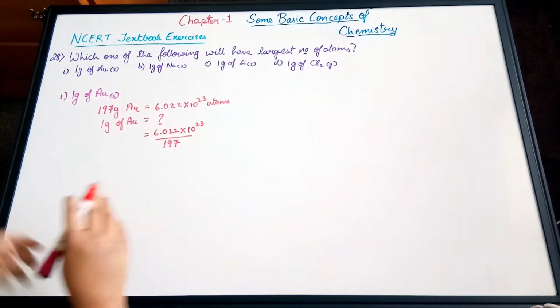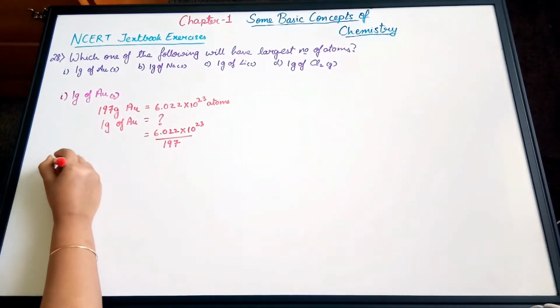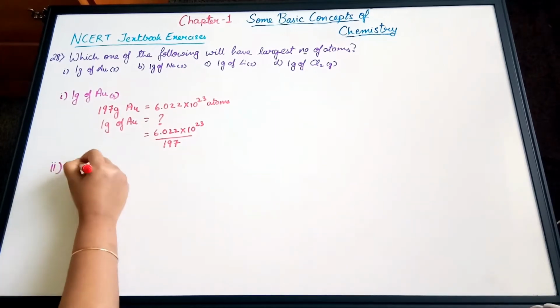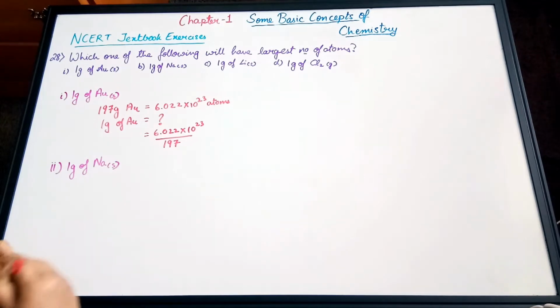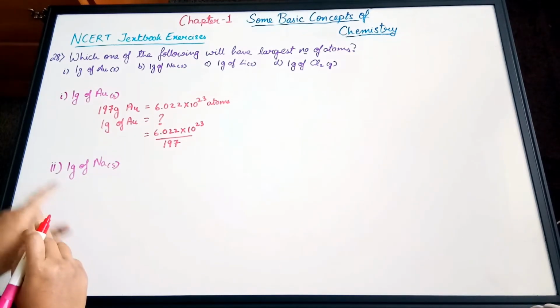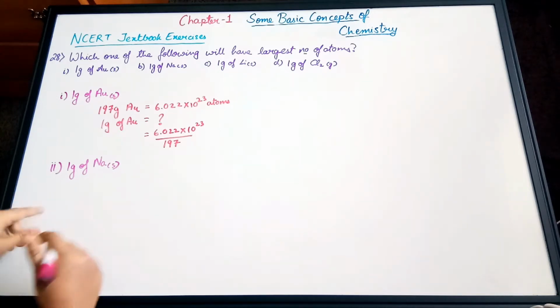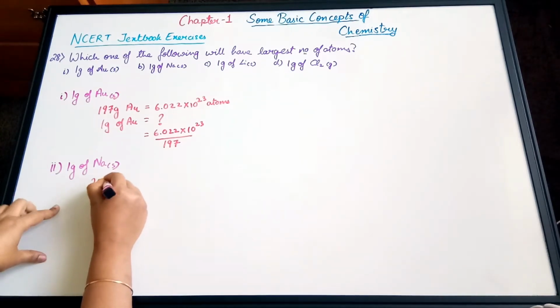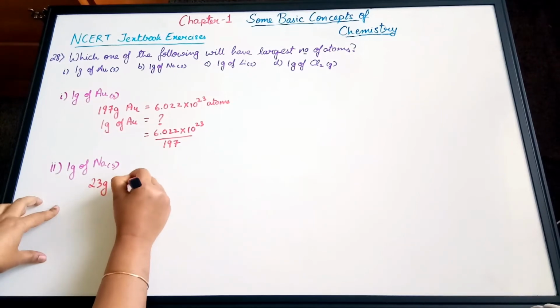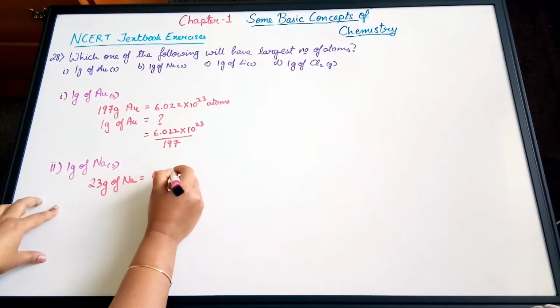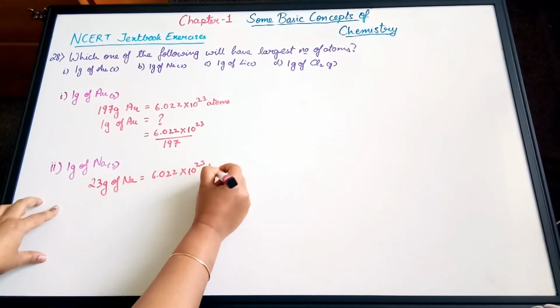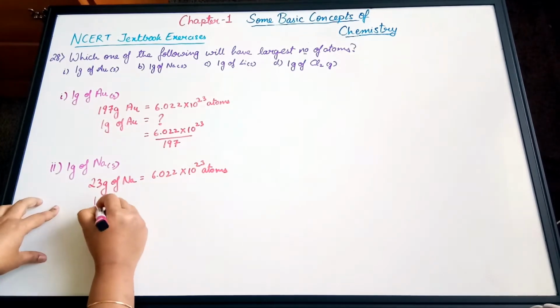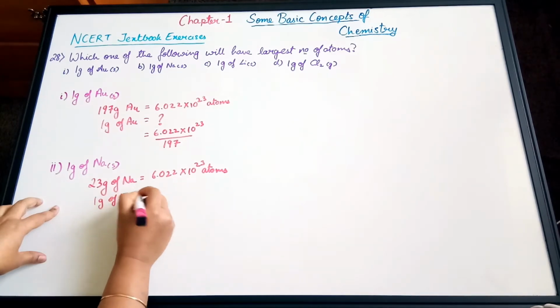Now let's go to the second one, that is 1 gram of sodium, which is also a solid. So 1 gram of sodium will have how many atoms of sodium in it? We know that 23 grams of sodium will have 6.022 into 10 to the power 23 atoms. So 1 gram of sodium will have how much?